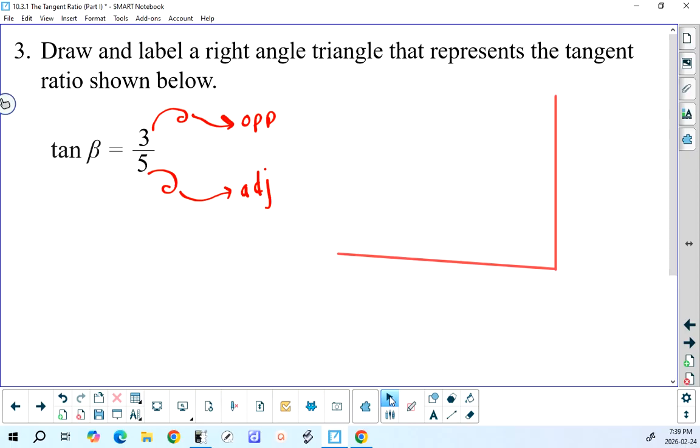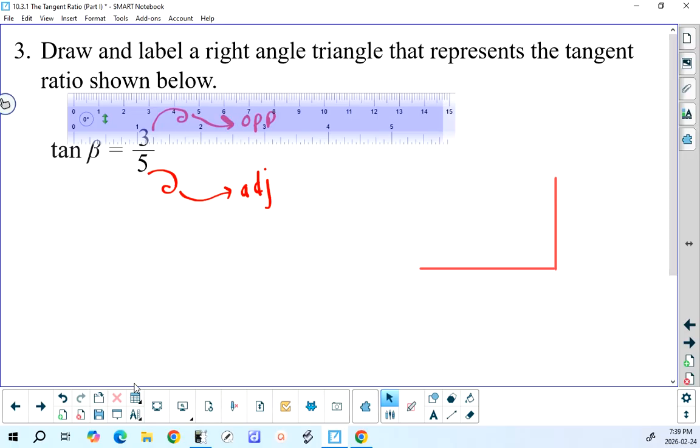You can draw a triangle where the opposite side is 3 feet and the adjacent side is 5 feet. It doesn't matter. And I'm going to just grab a ruler and show this to you briefly.